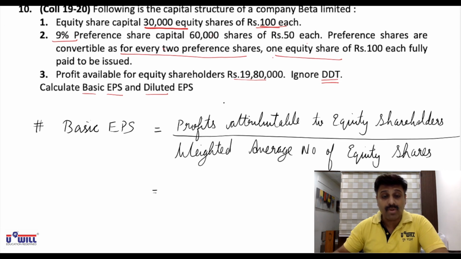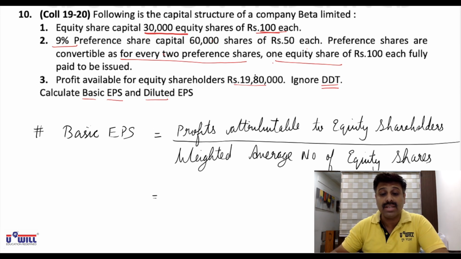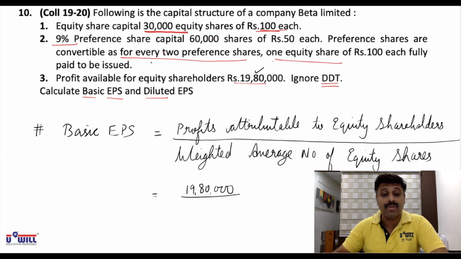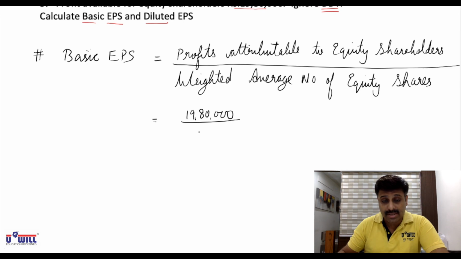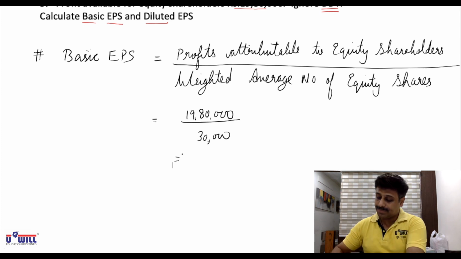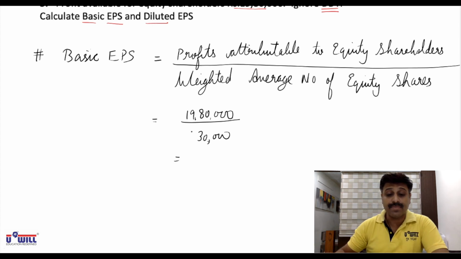Now existing profits attributable to equity shareholders are 19,80,000, divided by weighted average number of equity shares. Presently we have 30,000 equity shares. So 19,80,000 divided by 30,000, that is 66 rupees. Rupees should be mentioned without fail.